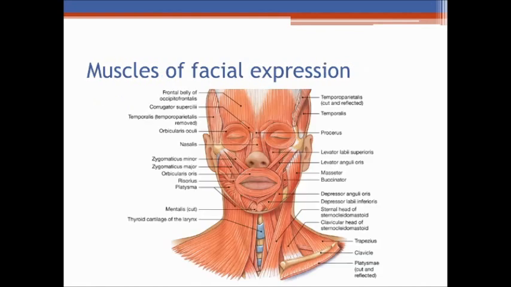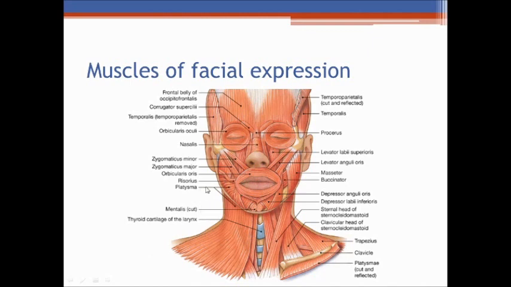So let's talk about some of these really important muscles. Some of the circular muscles in your face are your orbicularis oculi, which surround your eyes, and the orbicularis oris that surrounds your mouth. This helps to pucker your lips.